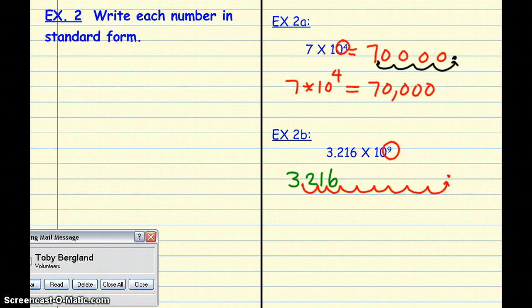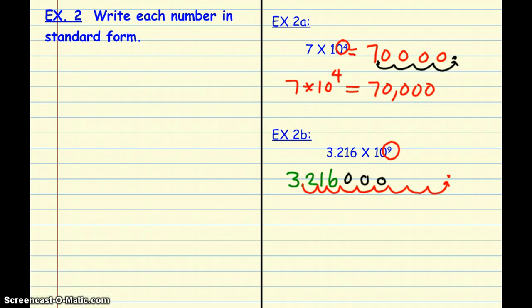There's my decimal. And just like the one up above, what do we fill those loops in with? Correct. We're going to put zeros. Now notice in this case, this one only has 6 zeros instead of 4. So the big thing to remember here: the exponent is not the number of zeros.